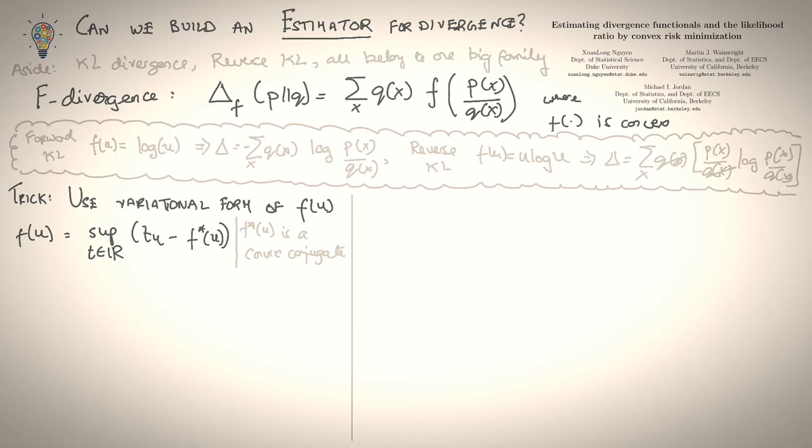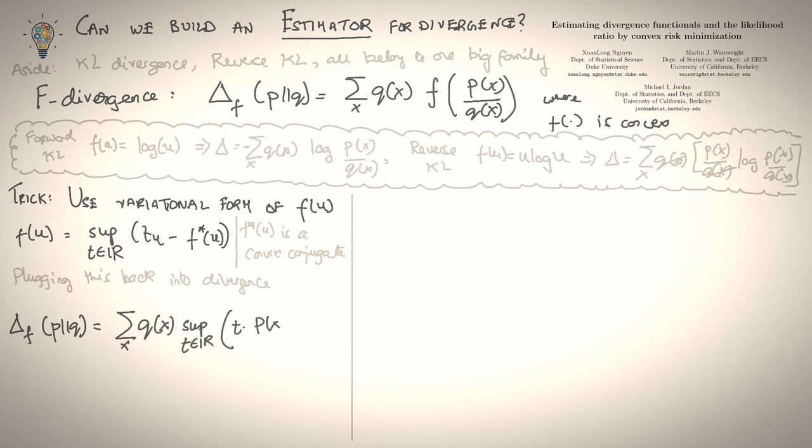Now why do we care about this form? Well, bear with me. If you plug this form back into the original expression for f-divergence, you get D_f between p and q is the expectation with respect to q of x. Plug in the expression, so you get sup over t belonging to R, t times the ratio p of x over q of x, minus f star of t. Now, the trick is to pull the sup outside of the expectation.